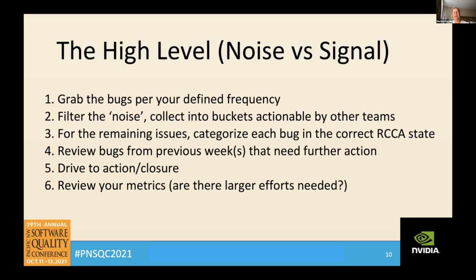And then lastly, again from a high level perspective, once you're sorting things into the correct RCCA, then you're driving to action or closure, depending on what the state is. And you're also reviewing the metrics that are coming out of that pipeline as a result of all the action that we're doing. And that's the key important piece. This is where I call RCCA the Dremel in the toolbox, right?